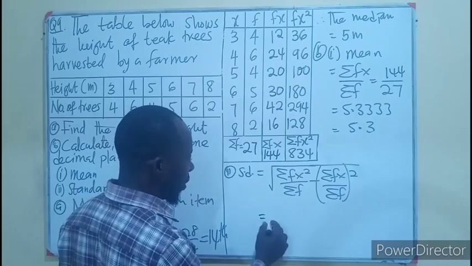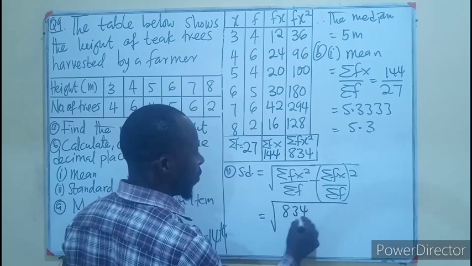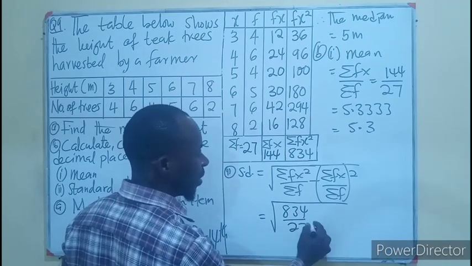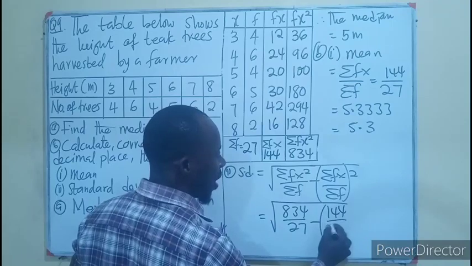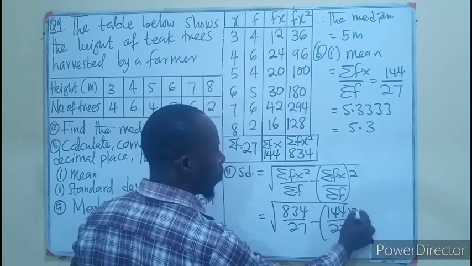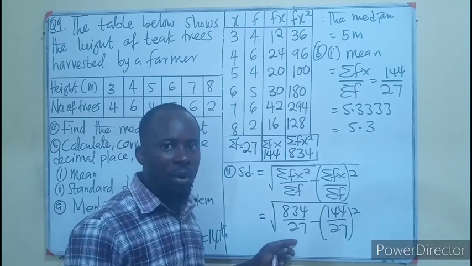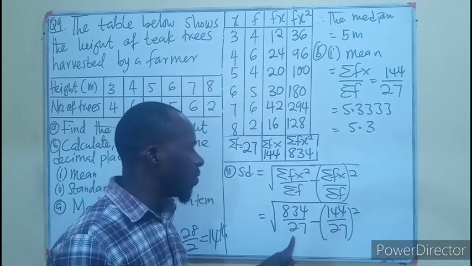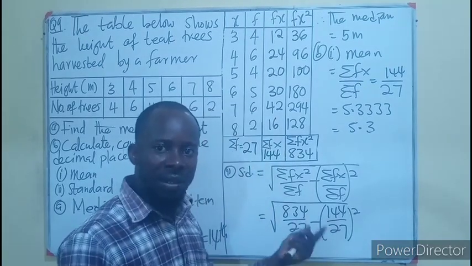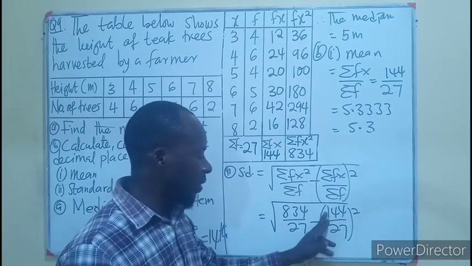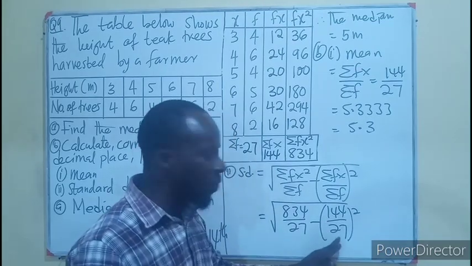So this will be 834 divided by 27, minus 144 over 27, all squared. With the help of a calculator, we can find the value of this as 30.888888 recurring, minus this, which will also give us 28.4444.